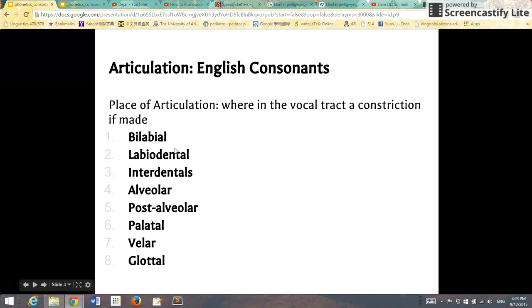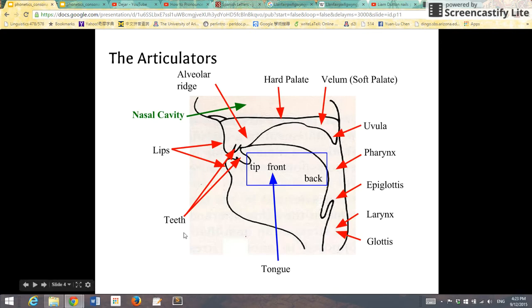This is just different places, different articulators inside your mouth. Okay, I think you should be familiar with this chart. If not now, at least before the end of this course, you should be familiar with this. This is one of the goals for this introduction course.